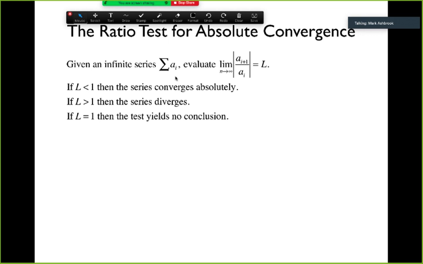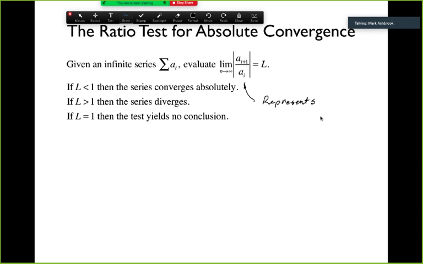Do you remember what this ratio represented, a_{i+1} over a_i? It's the ratio of the next term of the sequence over the current term.